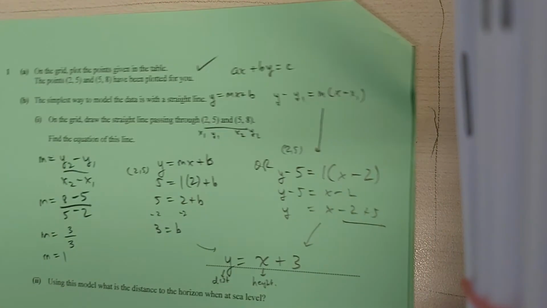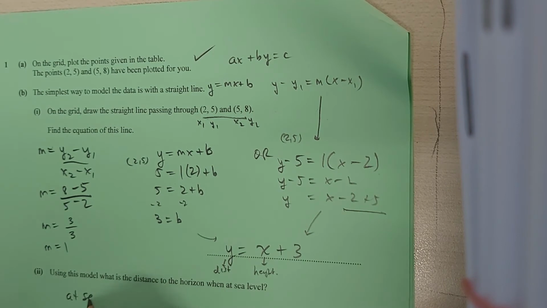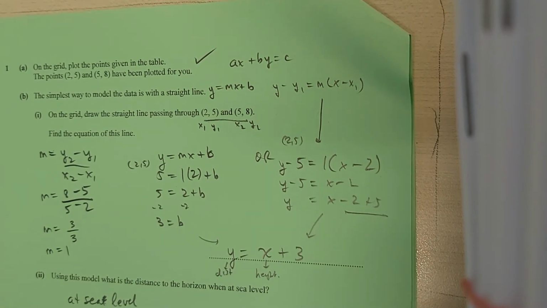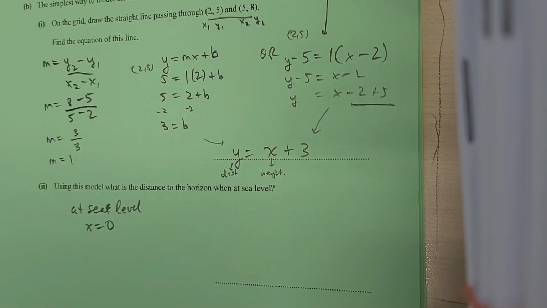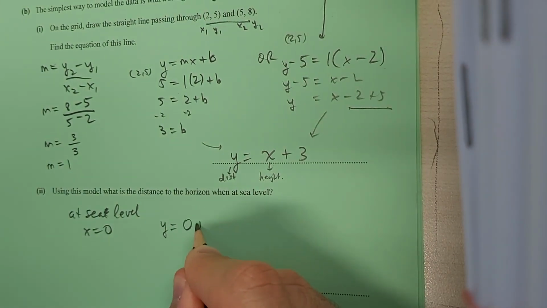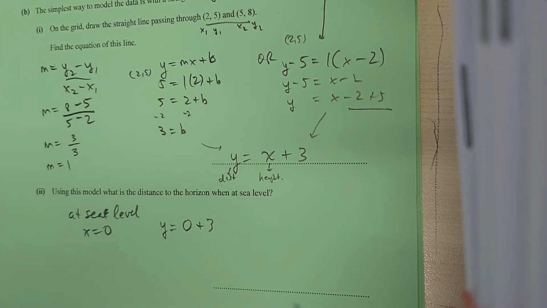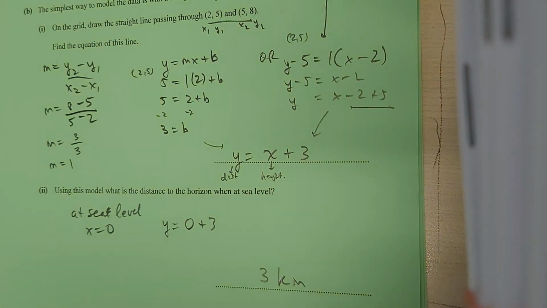So at sea level, x equals 0, a height above sea level of 0. We can literally substitute that in, or you might already notice that that's the y-intercept, and that's 3 kilometers. That's the y-intercept that I suspected we had all along.